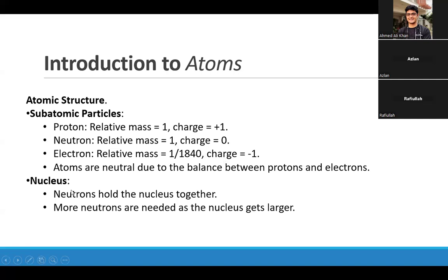So you need to combine the mass of 1840 electrons to achieve the mass of a proton. That's how tiny and lightweight an electron is.